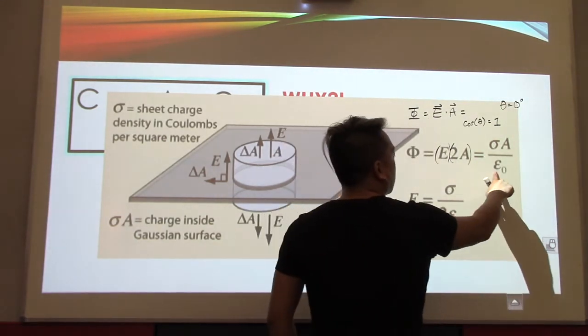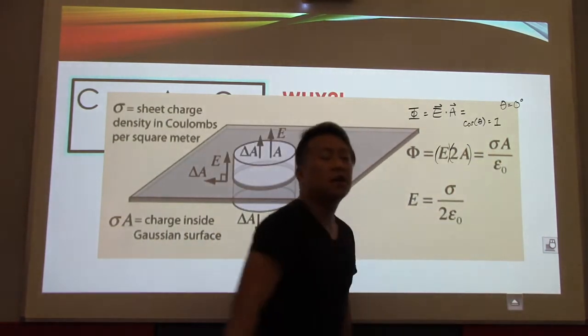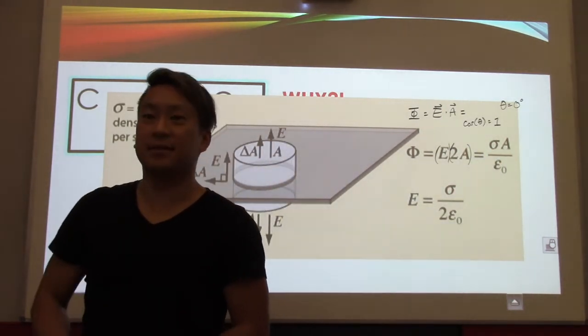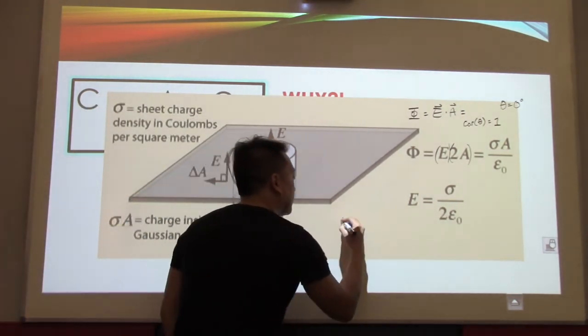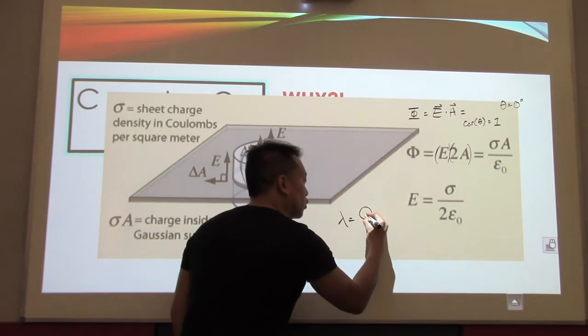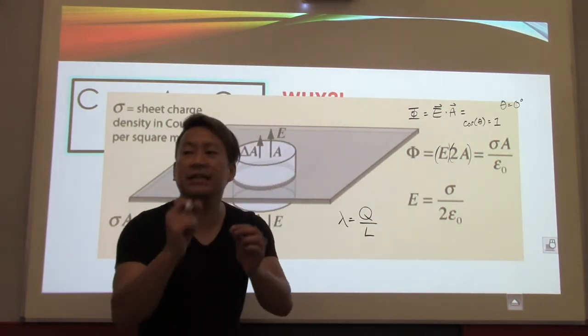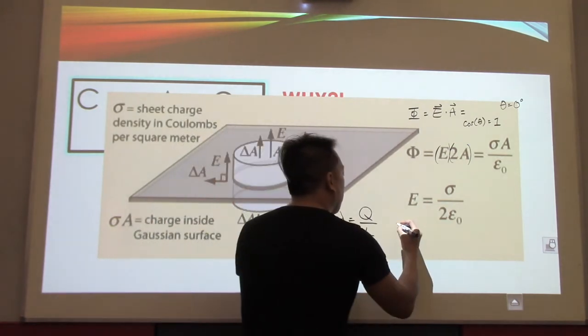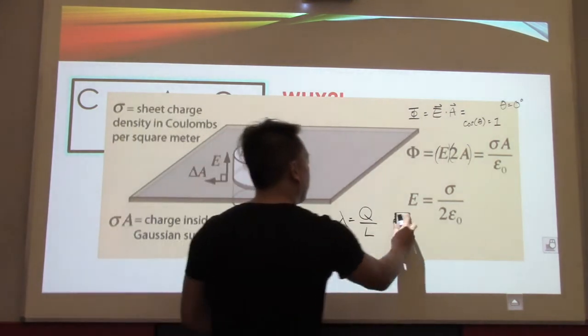Now we're going to introduce a new symbol called the surface charge density. We're familiar with linear charge density, where linear charge density is the total charge over the total length. Now we're just going to increase the dimension, and we're talking about this symbol sigma. Let me draw that better.